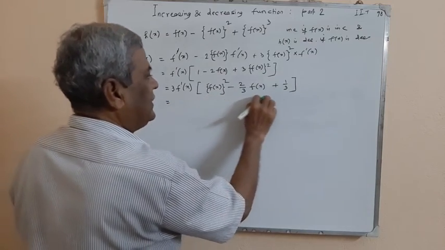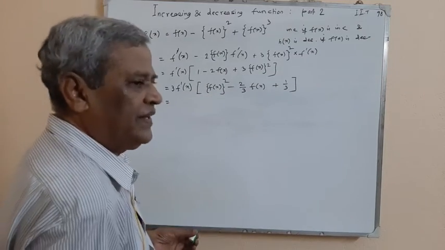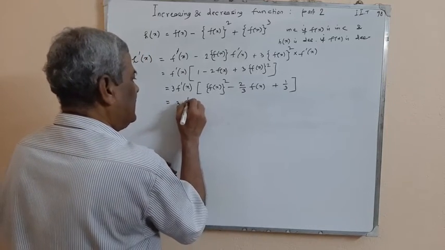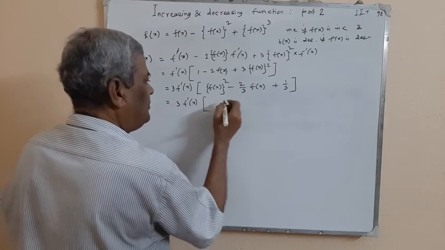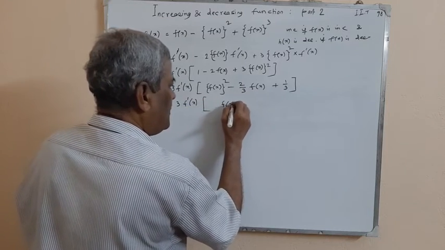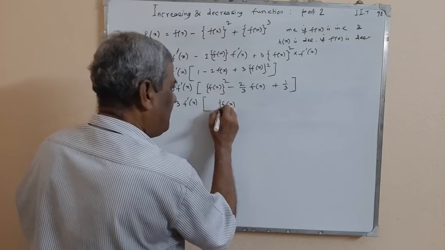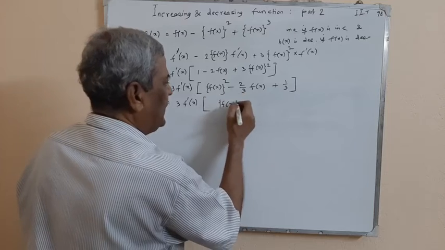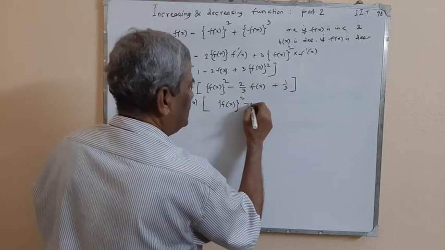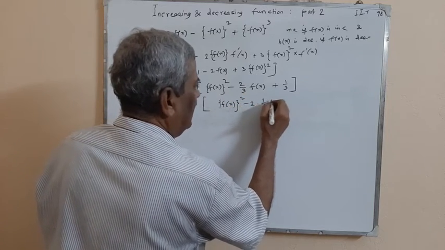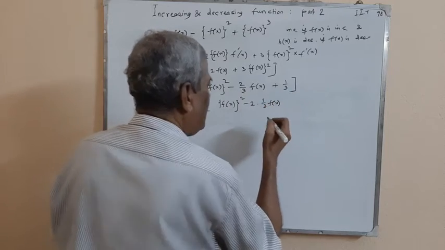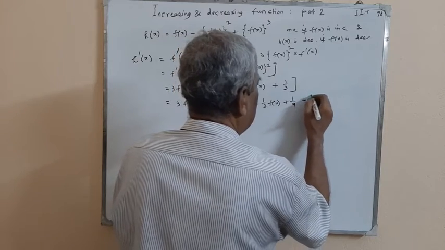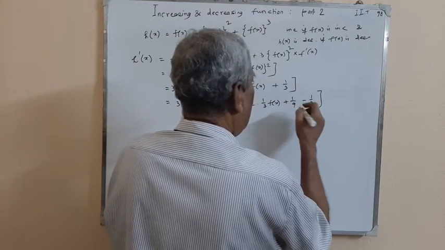Let us try to make it a sum or difference of two perfect squares. 3 f dash x into f(x) whole square minus 2 into 1/3 f(x) plus 1 by 9 minus 1 by 9 plus 1 by 3.